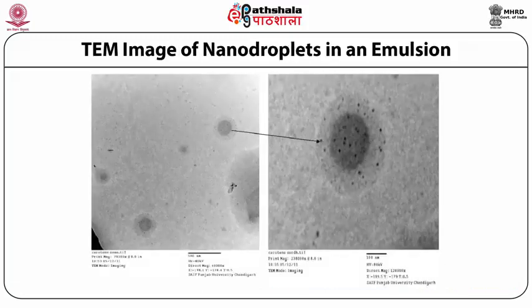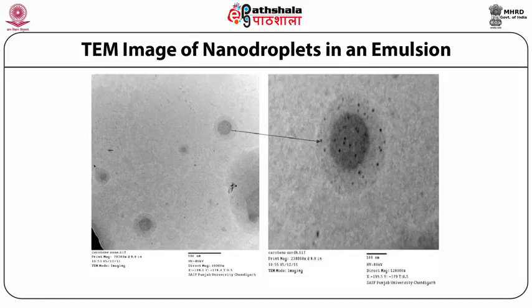What is shown here is a TEM image of a nanodroplet in an emulsion. Very clearly, we can see a central dark core, which is the lipid core, surrounded by a gray layer, which is the layer of the surfactant, and these nanodroplets are dispersed in a continuous phase, which is water.